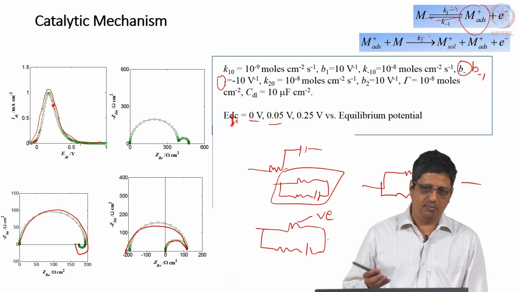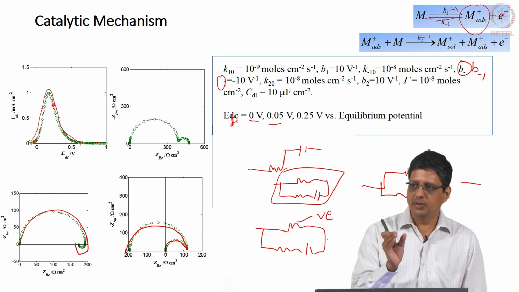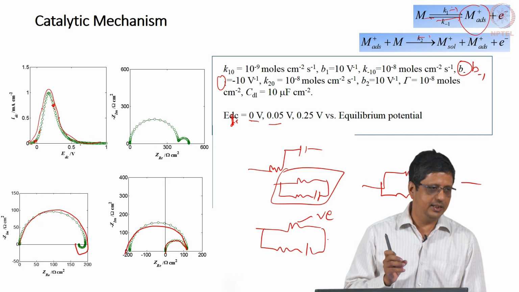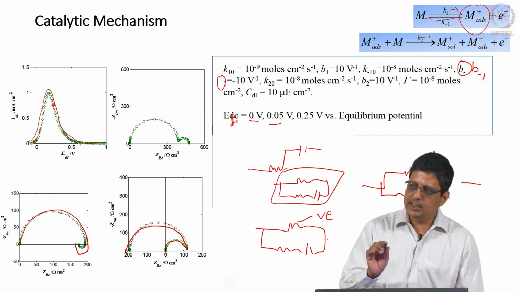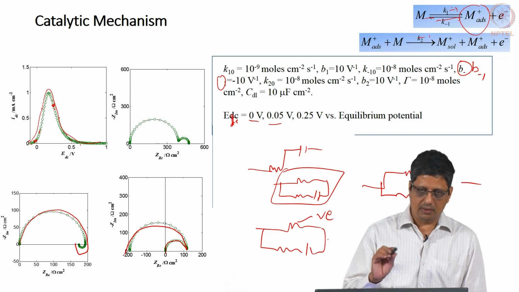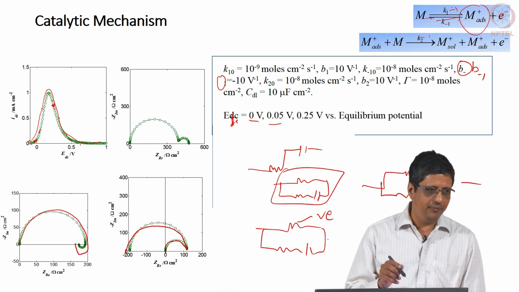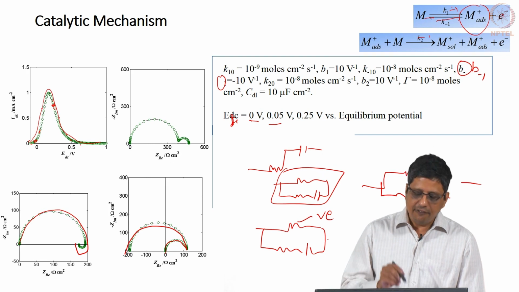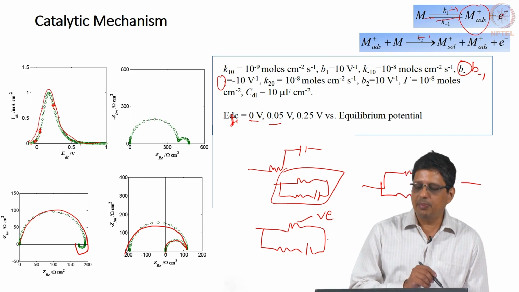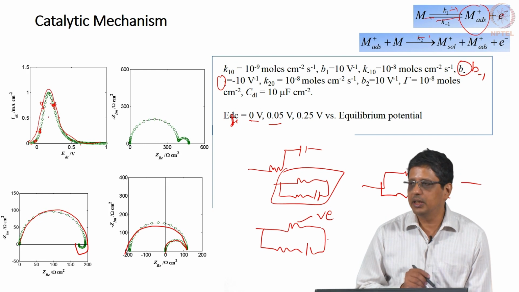It does not mean that this reaction or this system has an inductor inside or has a negative resistance inside. It is a simple kinetic reaction, kinetic parameters and the potential are such that they give rise to a spectrum like this. Physically you can tell what is happening here, what is happening here, what is happening here.